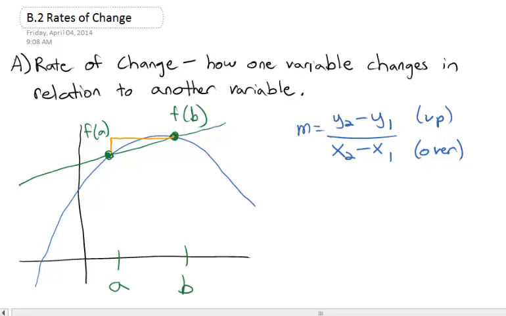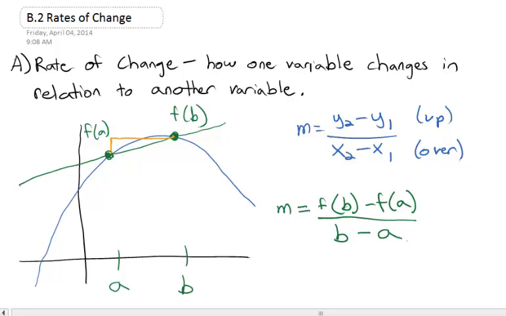So in terms of this function, our slope, our average rate of change, is the difference in the y's, or the heights, so f of b minus f of a, y2 minus y1, over the x values, which are b minus a.